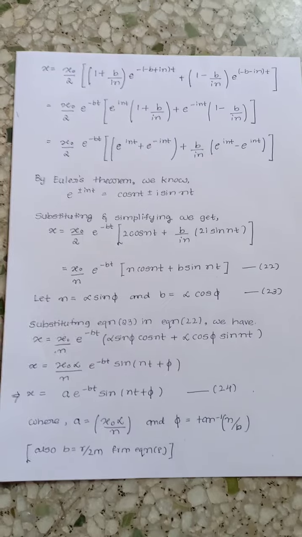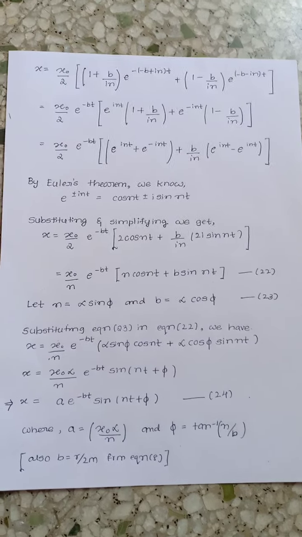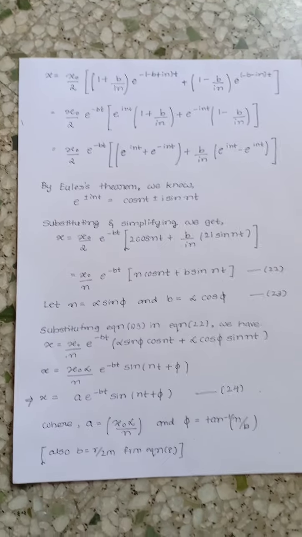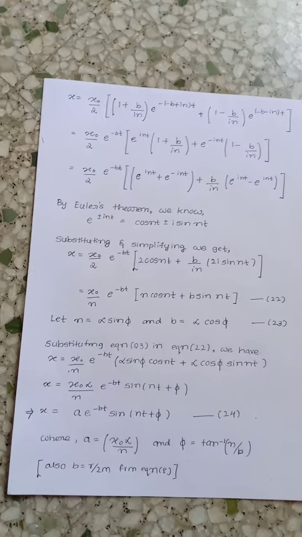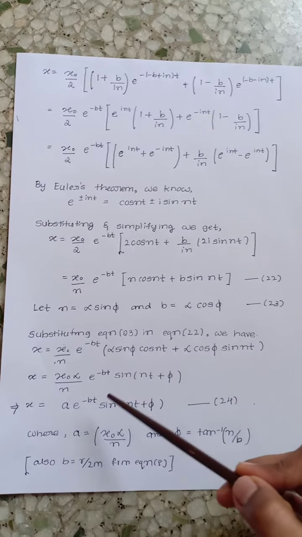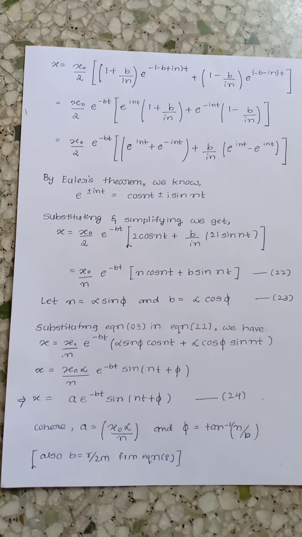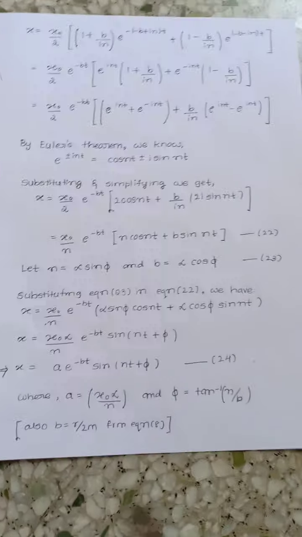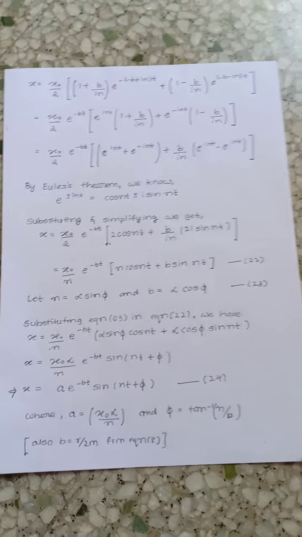Since the coefficient of the phase term always represents the amplitude in any equation for vibratory motion, a into e to the power of minus bt in equation 24 is the amplitude of vibration of the body.